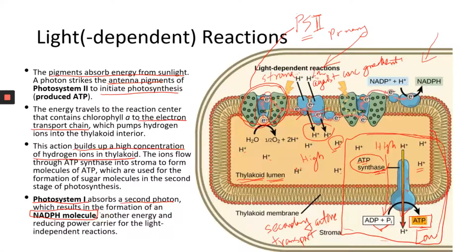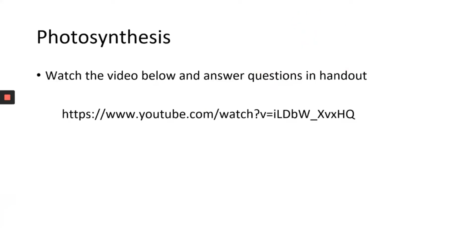So ATP has energy, and the NADPH is more like an electron carrier. It's going to temporarily carry the electrons, and then eventually pass these electrons to the carbon to reduce it from inorganic carbon to the carbon in glucose, organic carbon. Okay. All right.